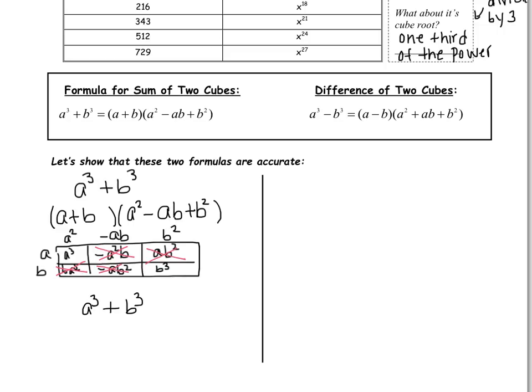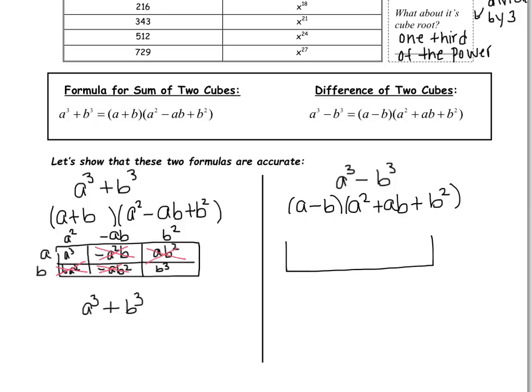Now why don't you pause the video and see if you can prove that a to the third minus b to the third, this is a difference of two perfect cubes, that if we factor it, we'd get a minus b, a squared plus ab plus b squared. So please pause me. Okay, so you should have done it something like this.